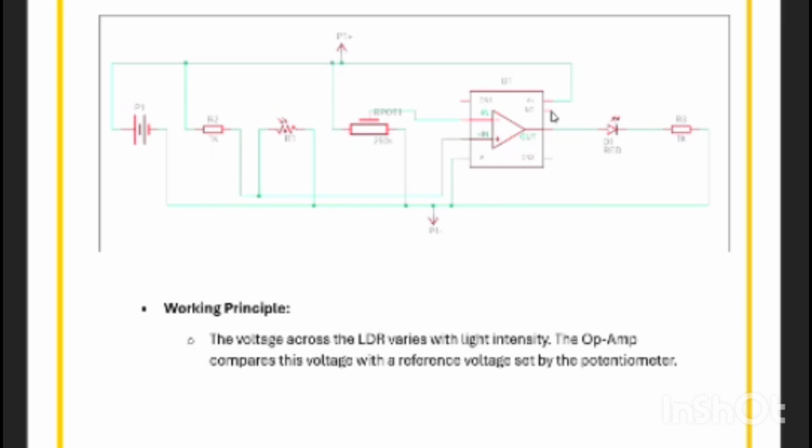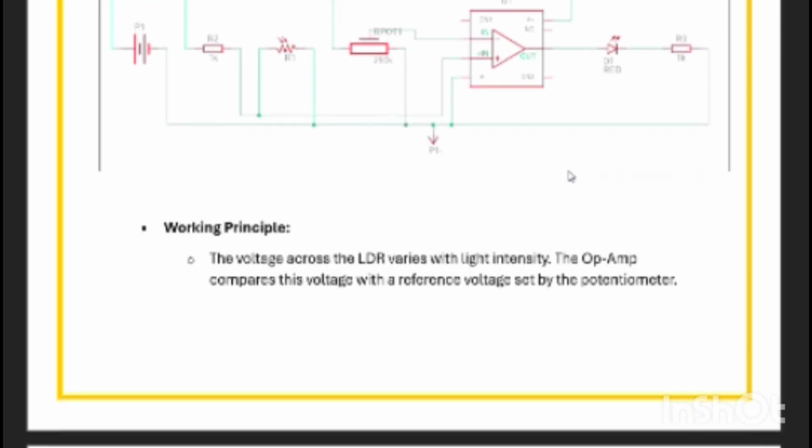And at last there is the LED as a result or as an output, and this is the resistor. So finally this is the overall circuit, and we will be able to have the switching of the LED, or we can say the light activated switch, whatever we wanted, that has been achieved.